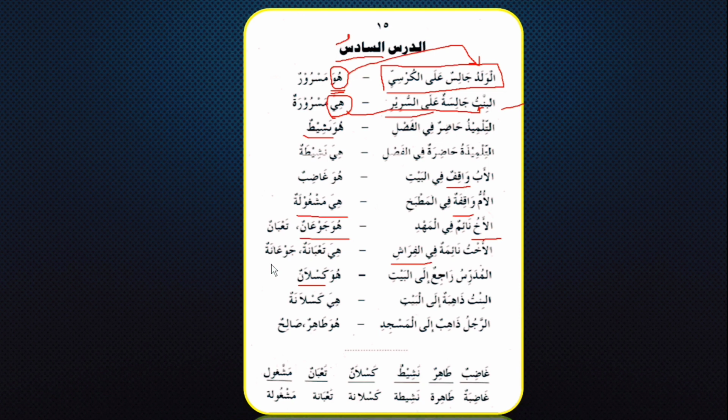Hiya jaw'anatun. She is hungry. Al-mudarrisu raji'un ilal bayti. The teacher is returning to the house. Huwa kaslanu. Again, this word kaslan is to be read with only one dhamma. So we read it huwa kaslanu.